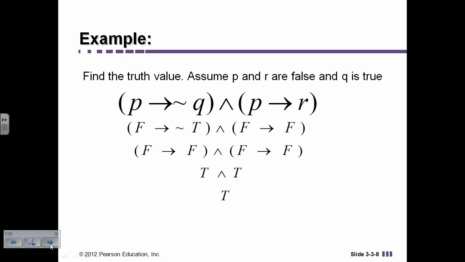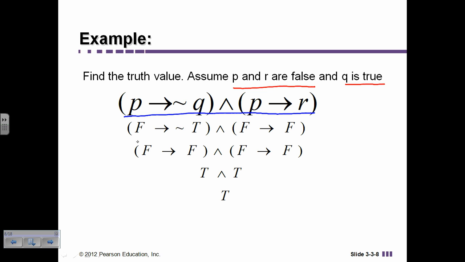So let's look at what we have here. It says find the truth value and assume P and R are false and that Q is true. So if we have this statement and we start with that, and this is read, P implies the negation of Q and P implies R. So again, it tells you in the directions that P and R are false and that Q is true.